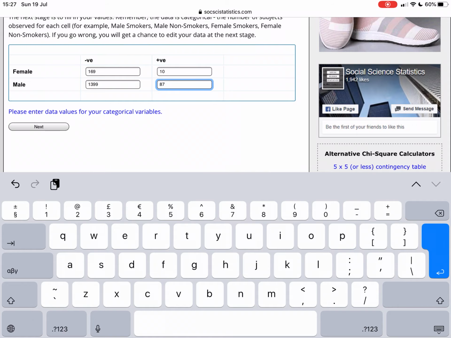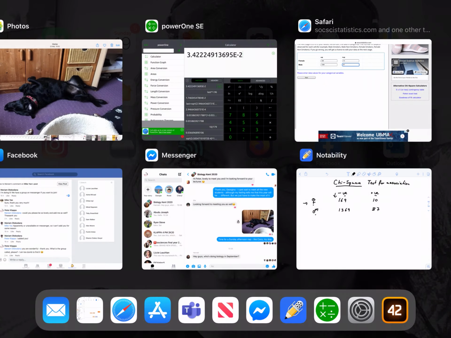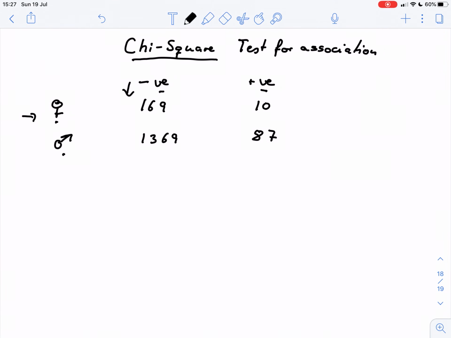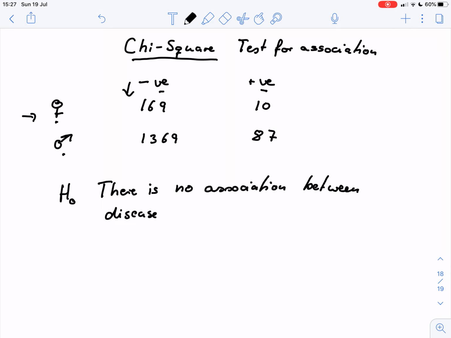And our null hypothesis, so the null hypothesis for this case, H null, would be there is no association between disease and gender.